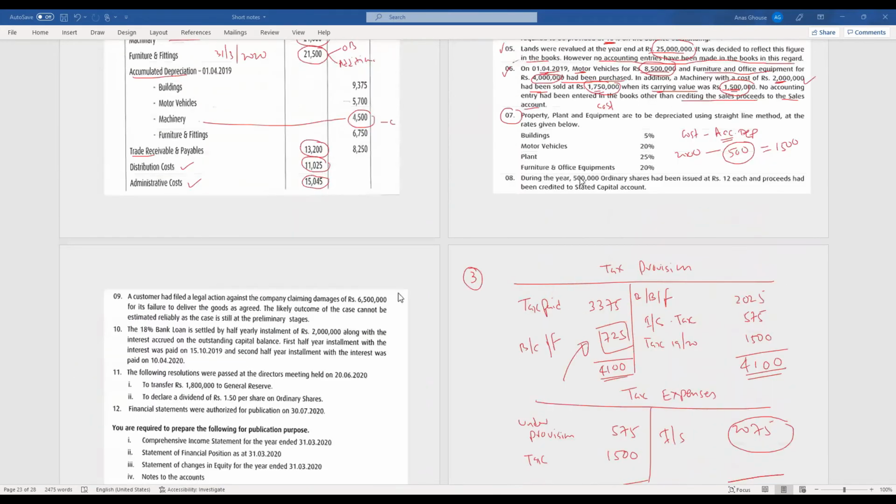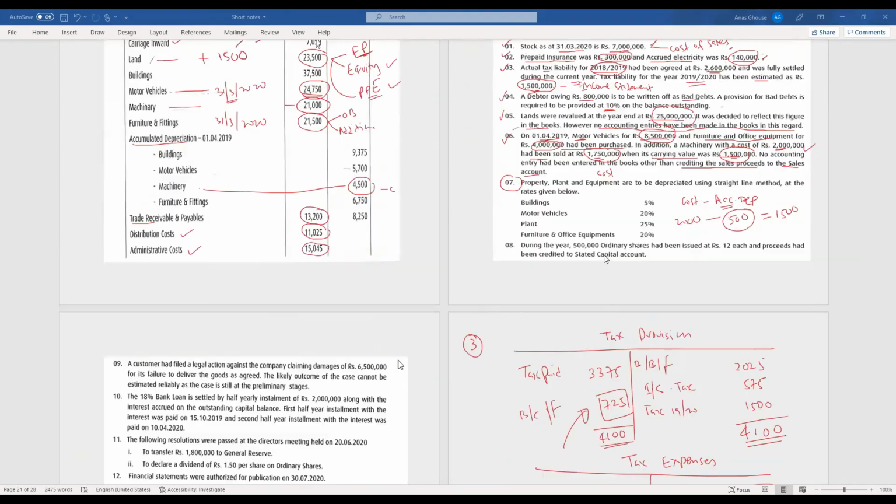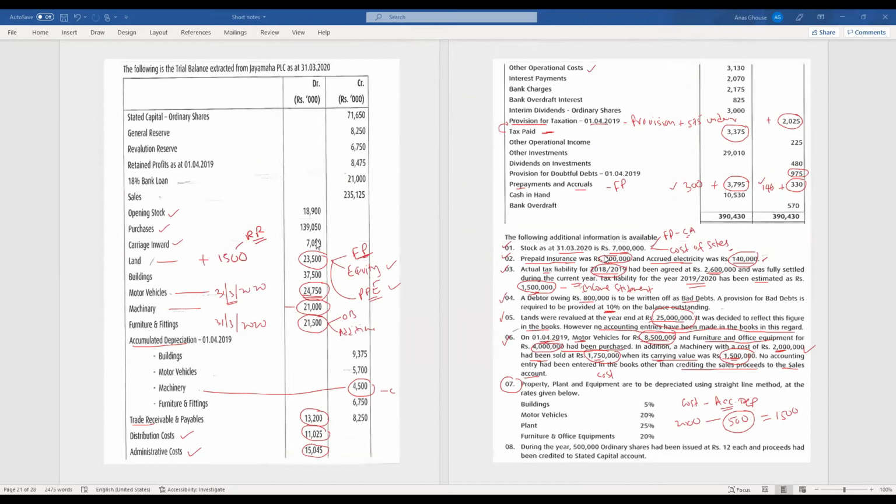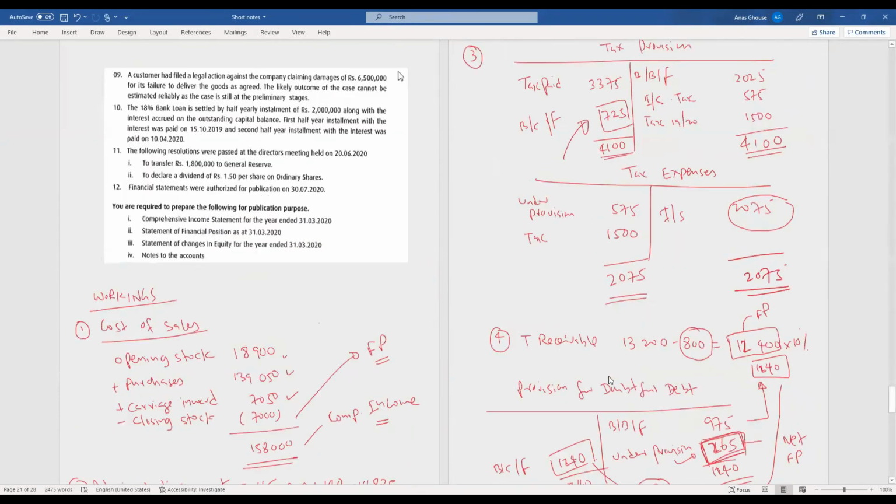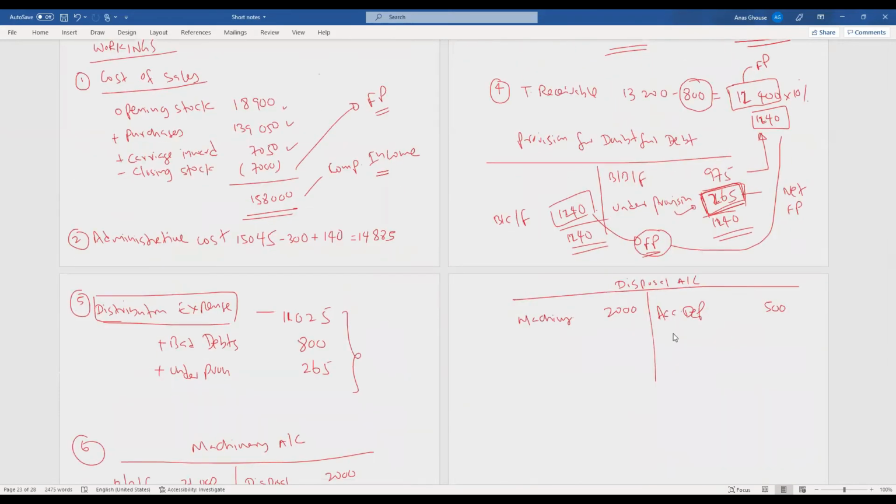However, they have credited these sales proceeds to the sales account. Therefore, this adjustment has to be made to the sales account. The sales account is overstated by 1,750,000, so this amount has to be deducted from the sales. To rectify this, you have to debit the sales account and credit the disposal account. So from the sales account, 1,750,000.